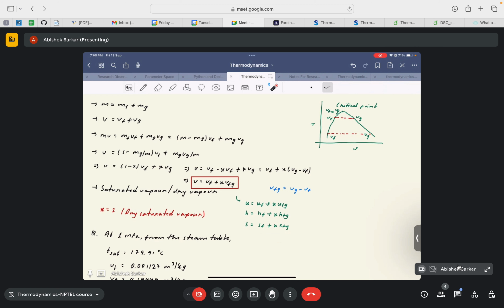But for the sake of a brief introduction, right now just take entropy as another generic thermodynamic property, because we have not defined it and we do not know what entropy actually is. That's why Professor Anand didn't discuss TS diagrams of these liquid vapor mixtures.